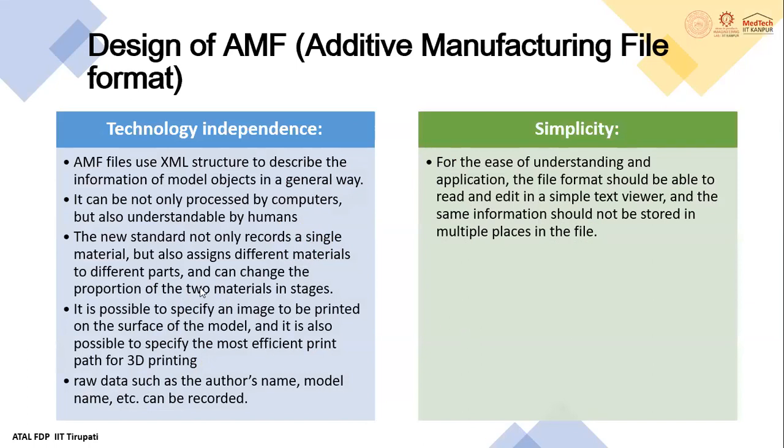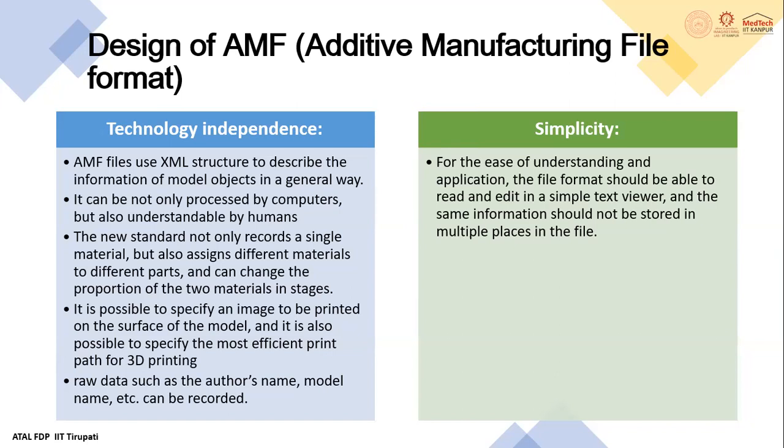When we talk about the design of the additive manufacturing file format, the technology independent one is AMF. AMF, additive manufacturing file format, uses an XML structure to describe the information. It can be processed not only by computer but is also human understandable. AMF format is nowadays very much talked about.